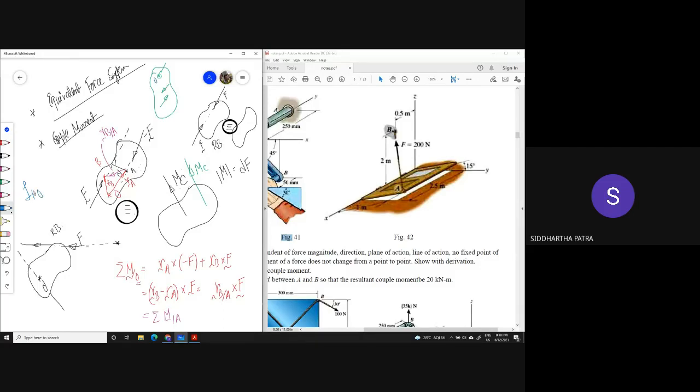The mass moment of inertia about that pivot point times the angular acceleration is the moment about that pivot point. With a couple acting on the body, the moment about any arbitrary point, as we discussed, is this couple moment.